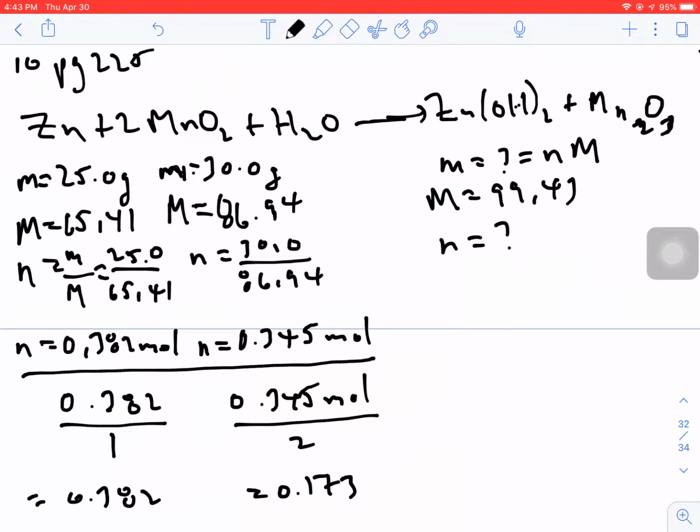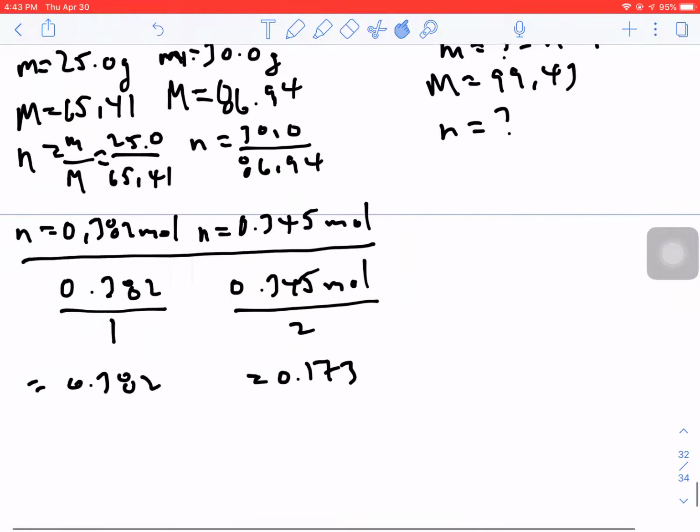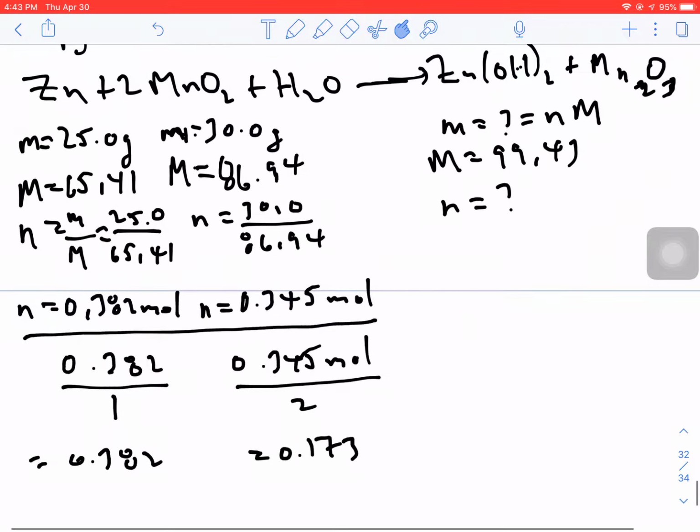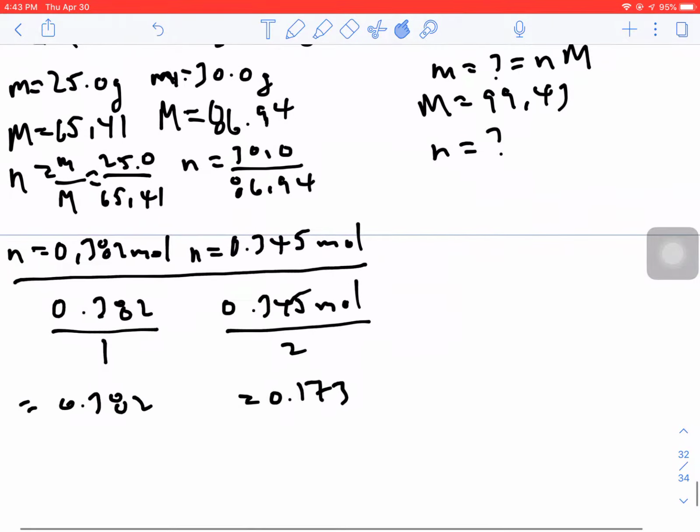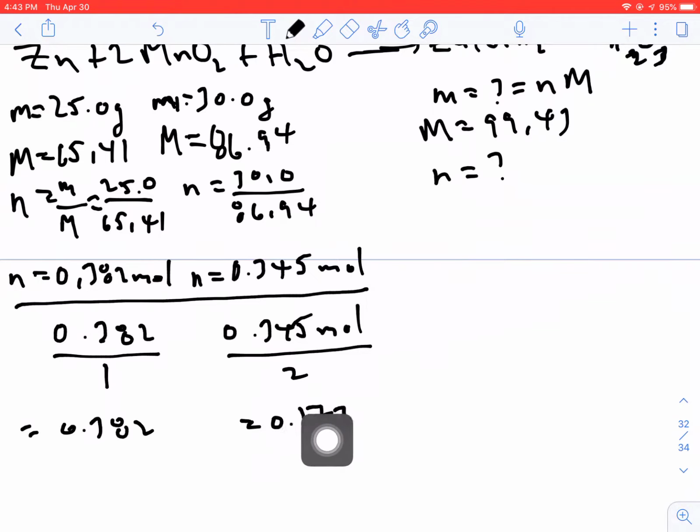Okay, so those are the two numbers I need to look at to decide which one of these two chemicals, the zinc or the MnO2, is going to run out. And I can see that the lower one is this one. So this one's limiting, this one's excess.